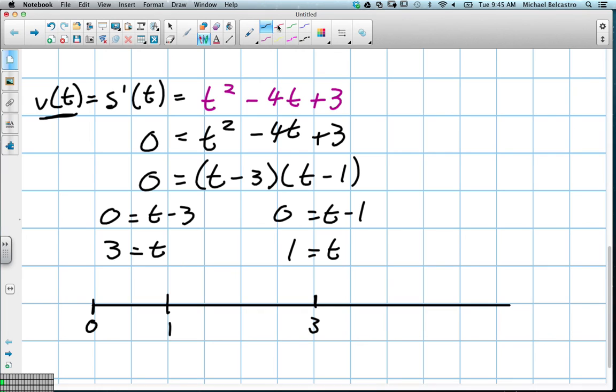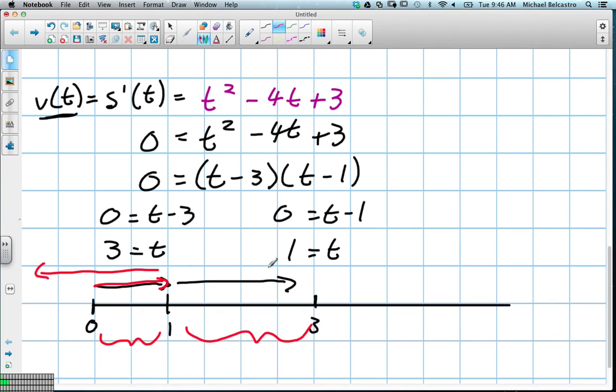Okay? So we'll try to find out the direction between 0 and 1 and the direction between 1 and 3. For all we know, it went in a positive direction, stopped, and went in a positive direction again. Or there's a possibility that it went in a positive direction to start and the opposite direction until 3 seconds and then maybe changed again.